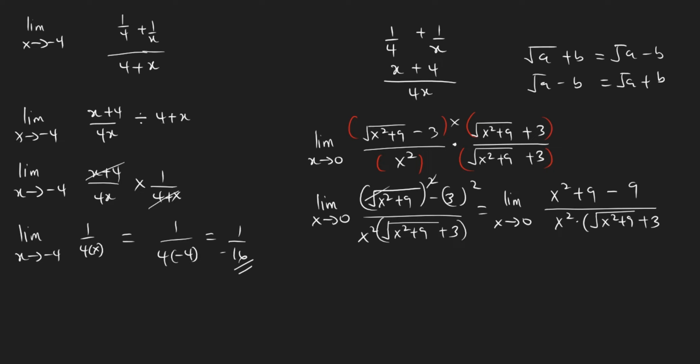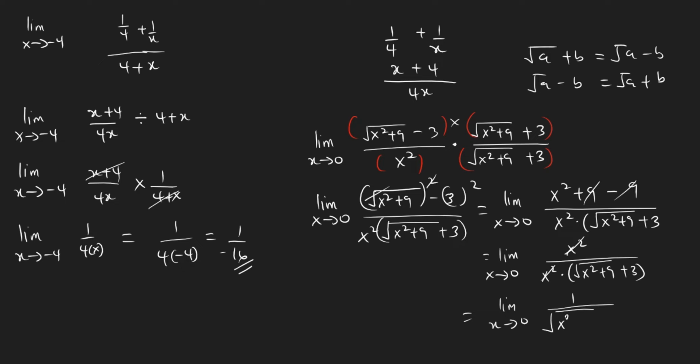So you see you have plus 9 and minus 9, so we're going to cancel out. So I'm going to have the limit as x approaches 0 for x squared divided by x squared times the square root of x squared plus 9 plus 3. So this will cancel out this. We are going to have the limit as x approaches 0 for 1 over the square root of x squared plus 9 plus 3.